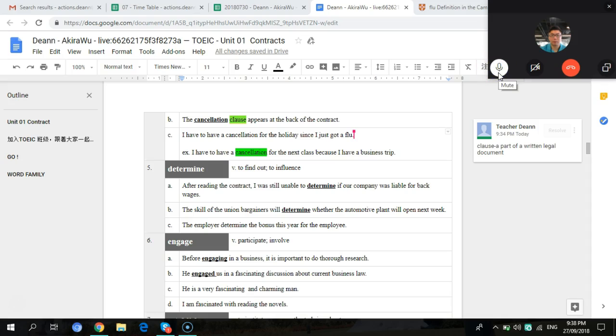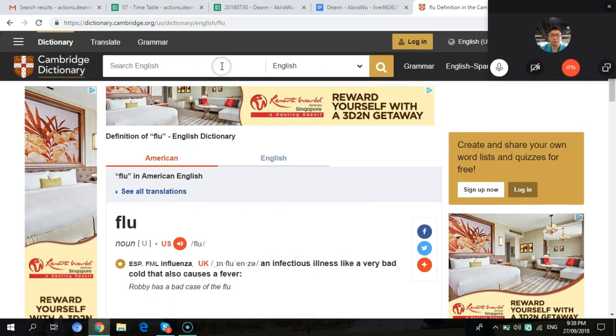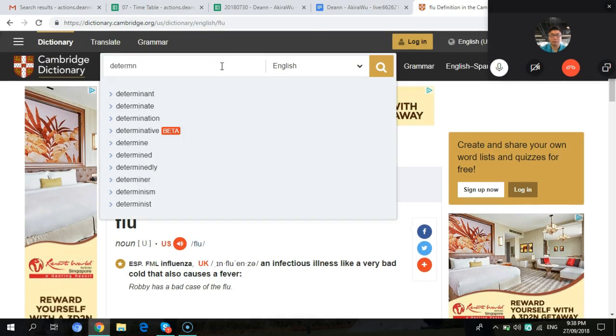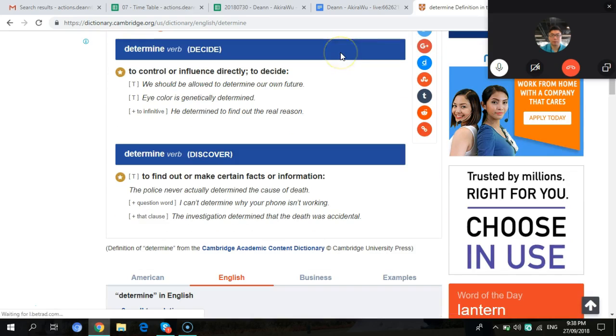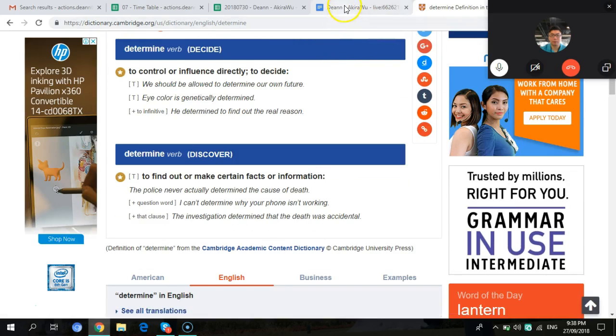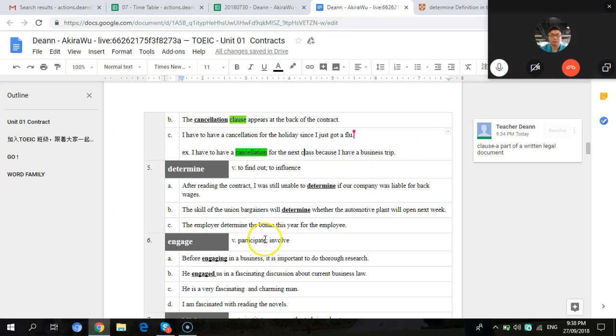Determine here means to find out or to influence. Let me put another, clearer meaning: to control or influence, to find out or make certain facts of the information. So when we say determine, that means to find out.